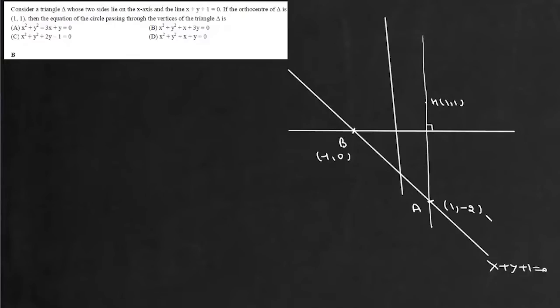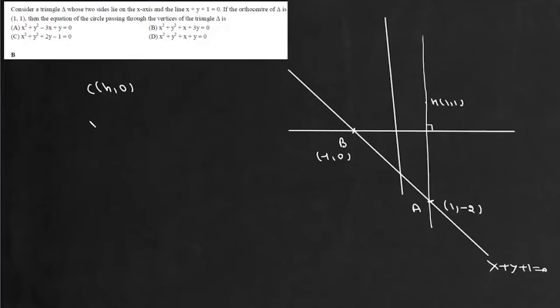So this point A is 1 comma minus 2. Now we have to find the coordinate of this other point C. Now C will lie on the x-axis. So let the coordinate of C be h comma 0.